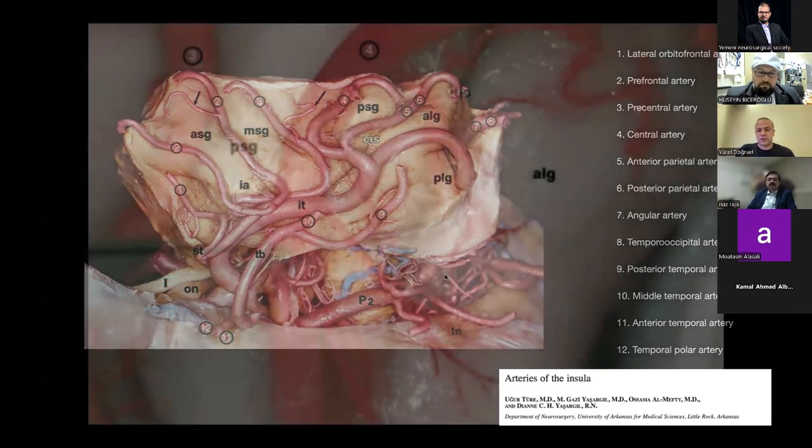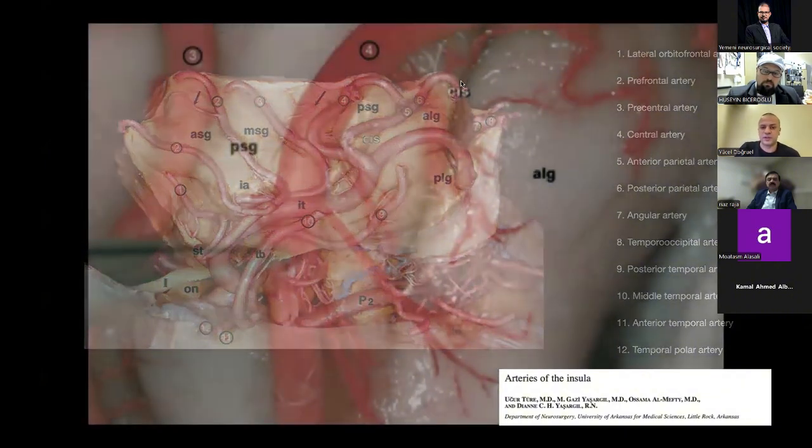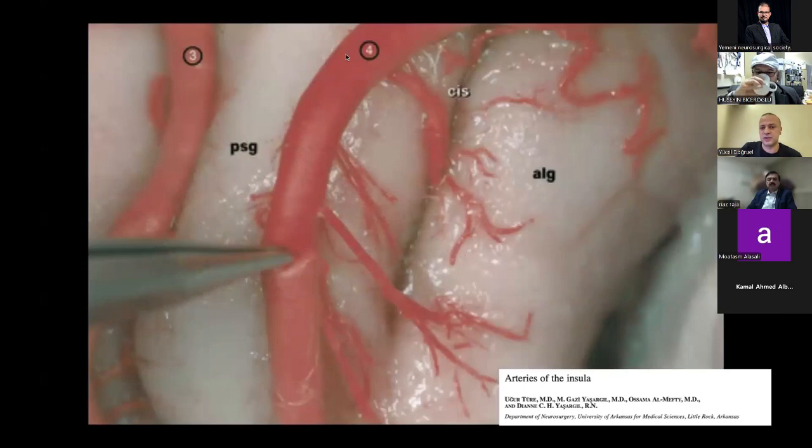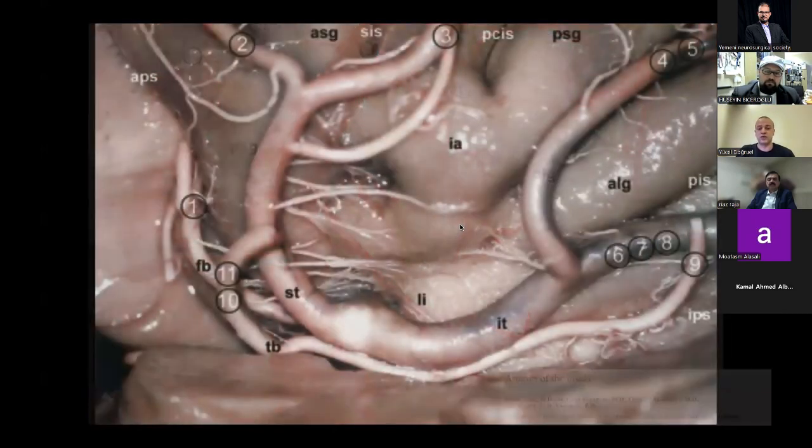And here a very close picture of this. This is the central insular sulcus, and this is the central artery, precentral artery, the posterior short gyrus and anterior long gyrus of the insula. And here you can see these branches supplying the insular cortex, its arterial supply.